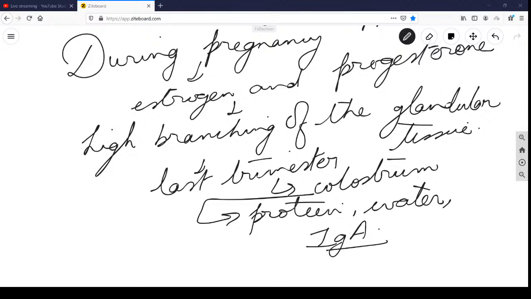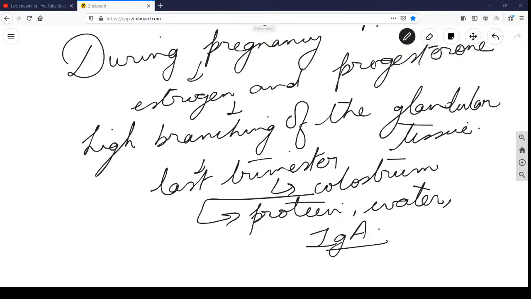Mostly it is the BRCA gene. The BRCA1 gene is present on chromosome number 17, which codes for a protein involved in DNA repair. Expression of this gene normally guards against mutations that may cause breast cancer, and also ovarian cancer in women. But if there is some mutation in it, then you will have breast cancer.